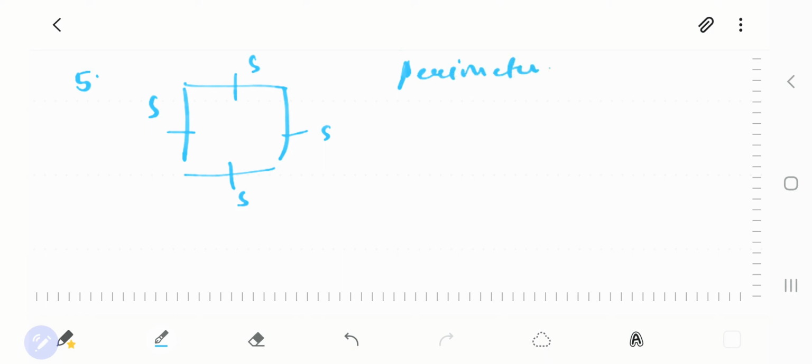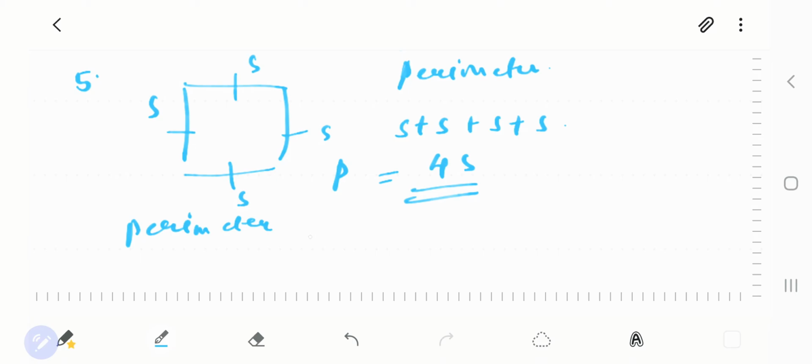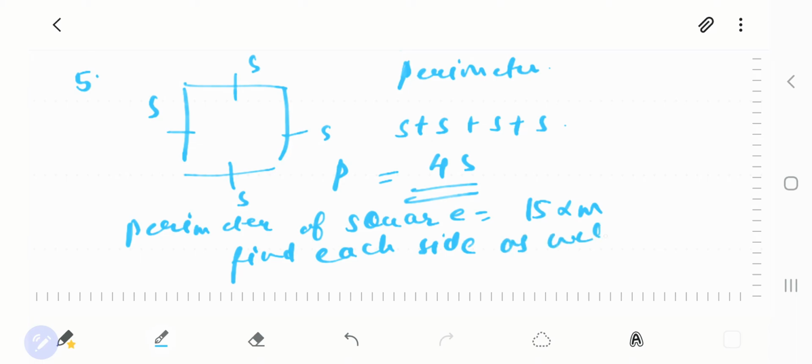Next, dear kids, problem number 5, we have the perimeter of a square. If this is a square, all sides are the same, and we know perimeter is the addition of sides. If I am adding s four times, can I write it as 4s? So the perimeter of a square is 4s. In this problem you have been given that the perimeter of the square is 152 meters and you have to find each side as well as the area.